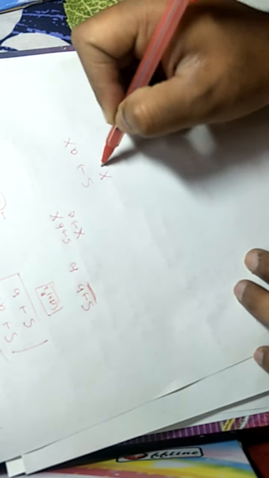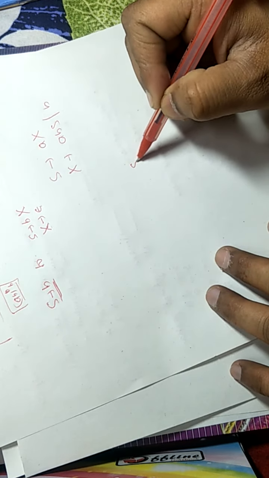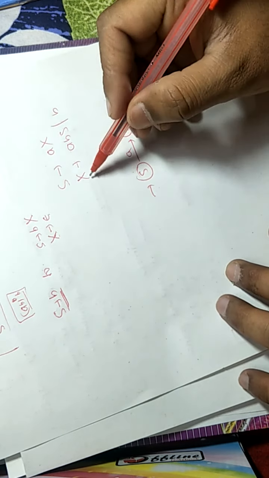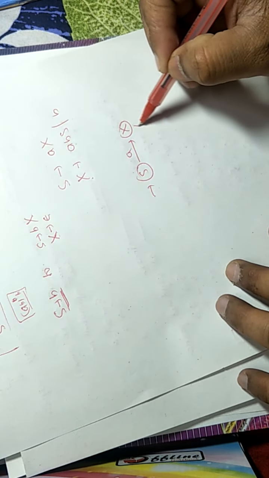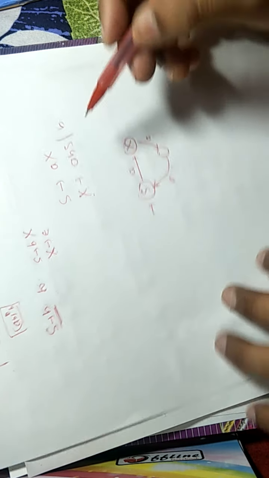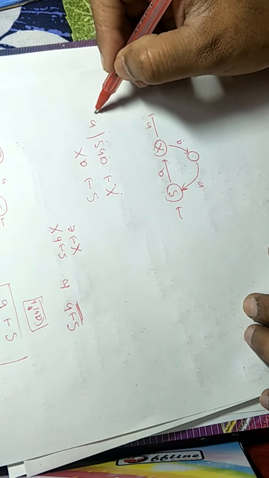Suppose I have another example. So the FA will look like this: from S by given a we are moving to X. From X by given ab we are reaching to capital S, and from X by given b we are reaching to somewhere.